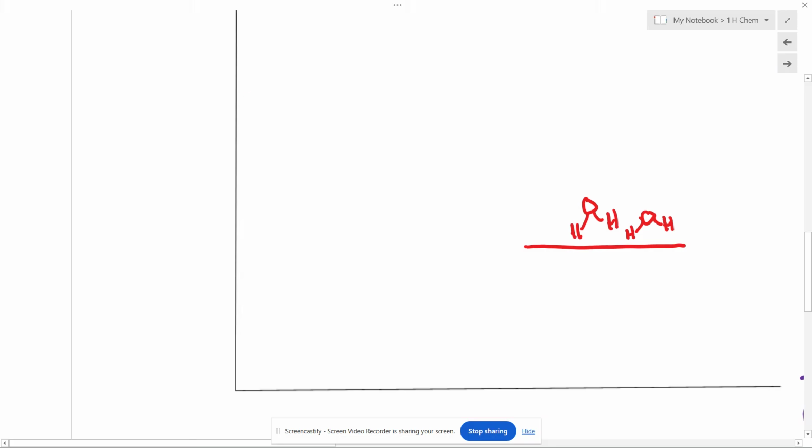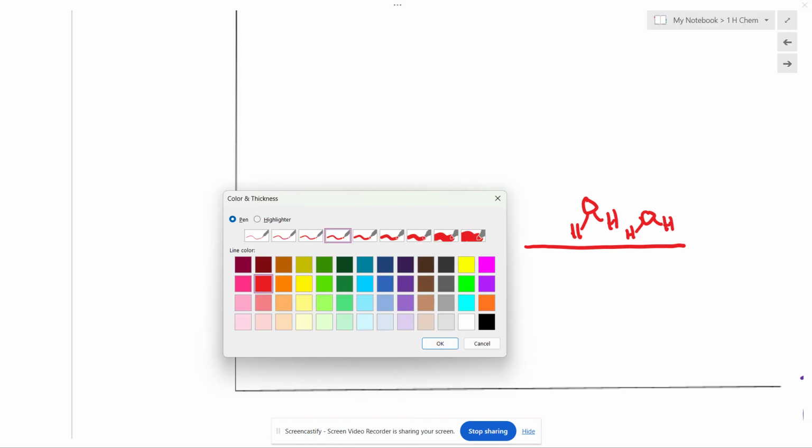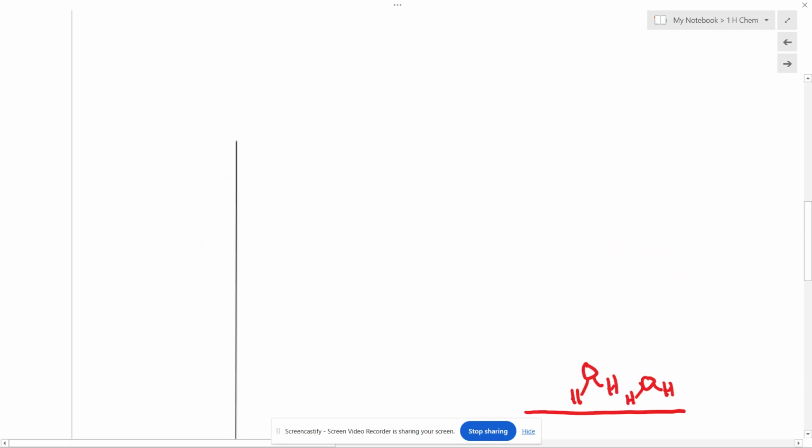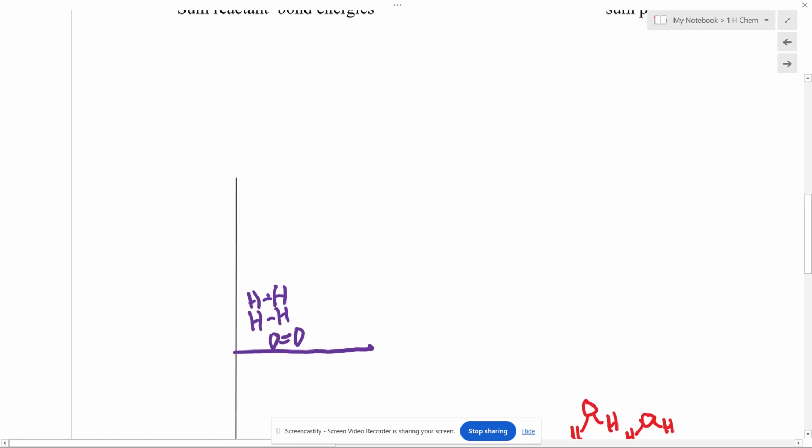And the reactants, I'm going to put that line up here somewhere like this. The reactants were the hydrogens and the oxygen. So sometimes we might arrange them there like that in our graph.